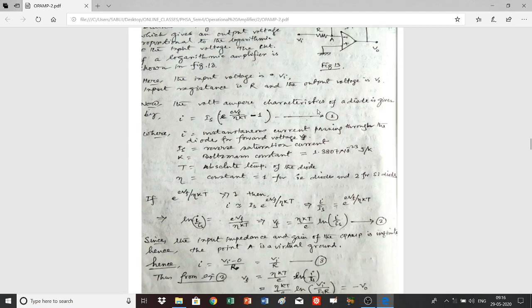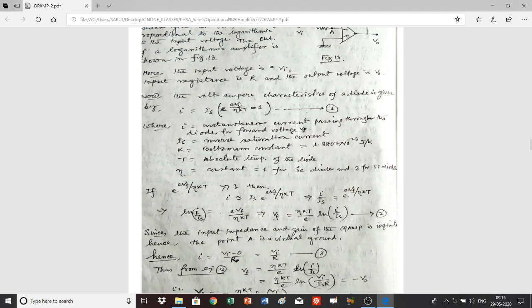Now if we consider that the value exp(eVf/ηkT) is much higher than 1, then you can write that I is nearly equal to Is exp(eVf/ηkT), or I by Is is equal to exp(eVf/ηkT), or taking logarithm on both sides, log(I by Is) is equal to eVf by ηkT, or from this relation Vf is equal to ηkT by e log(I by Is), equation number 2.